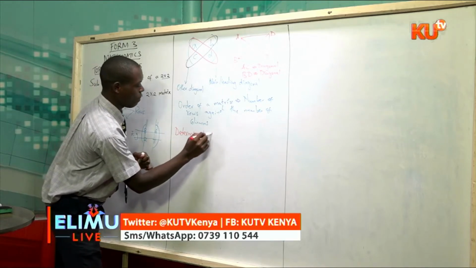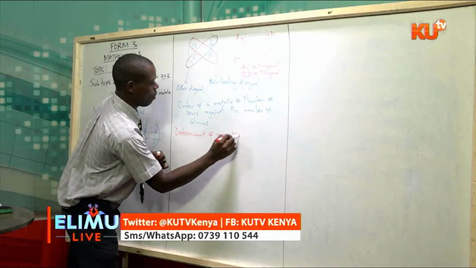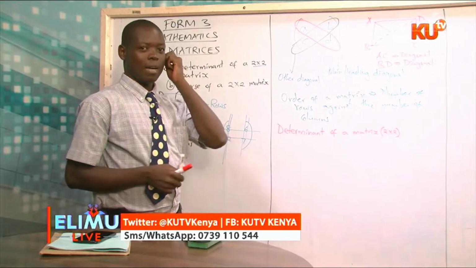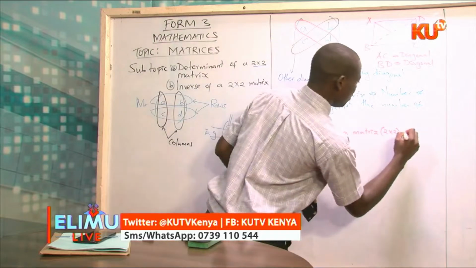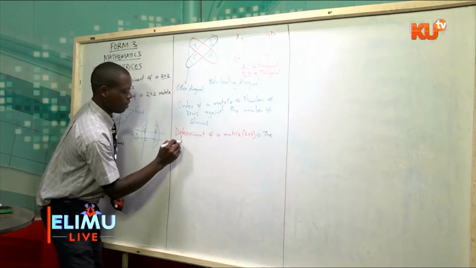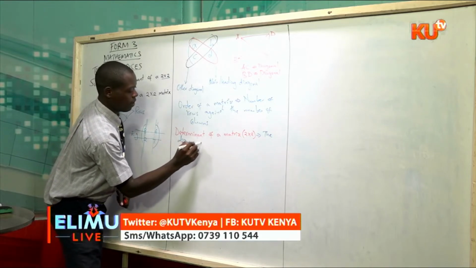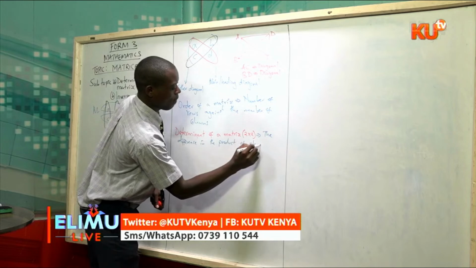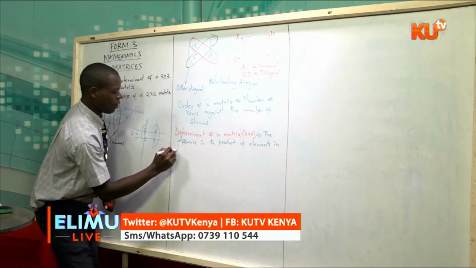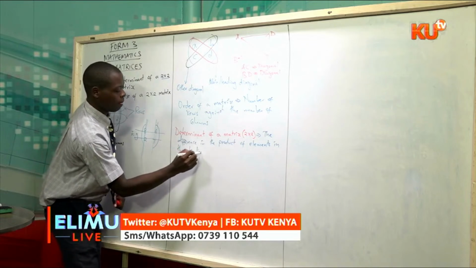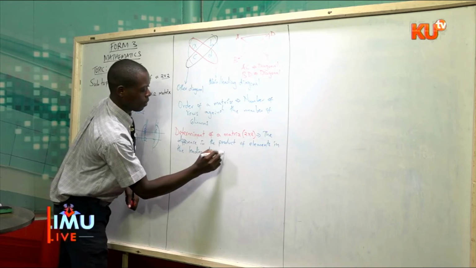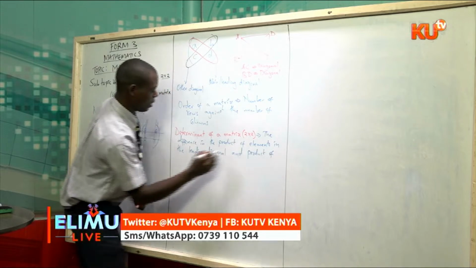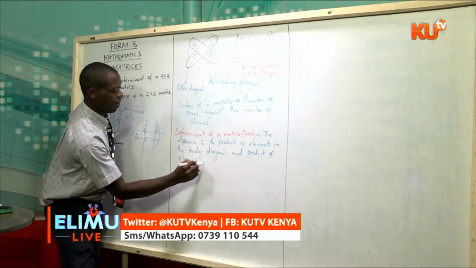The determinant of a matrix, and in this case our focus is the 2 by 2 matrix, is simply the difference in the product of elements in the leading diagonal and the product of elements in the other diagonal.